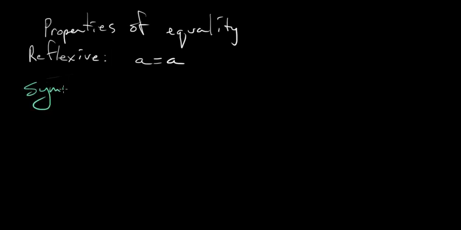Then the symmetric property says if A equals B, then B equals A. So yeah, we just turn them back and forth like that. If A is B, B is A, okay? And finally, we have the transitive property.